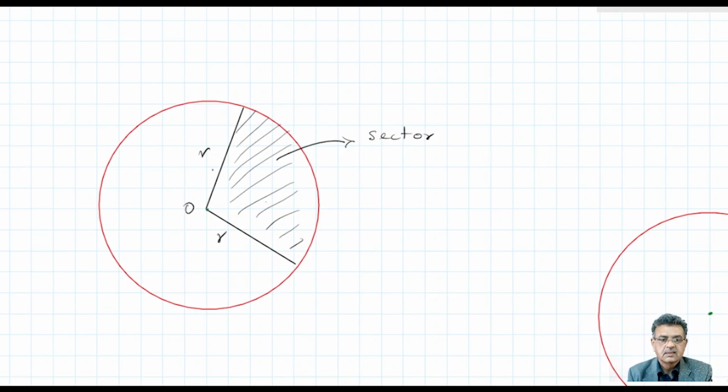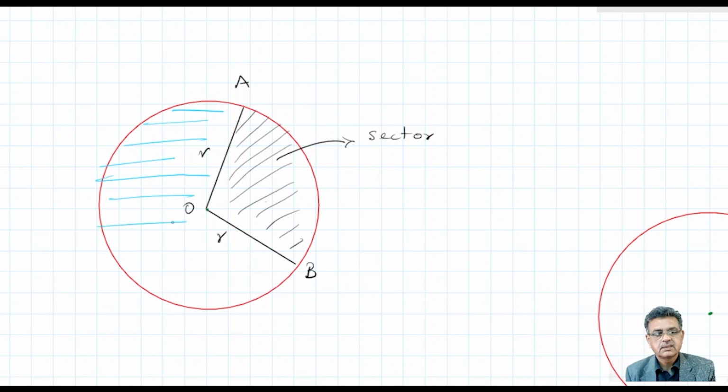Once again, A, B. We can say that the circle is divided into two sectors. One is larger than the other, and we mark the other area this way with blue lines. This area is another sector.